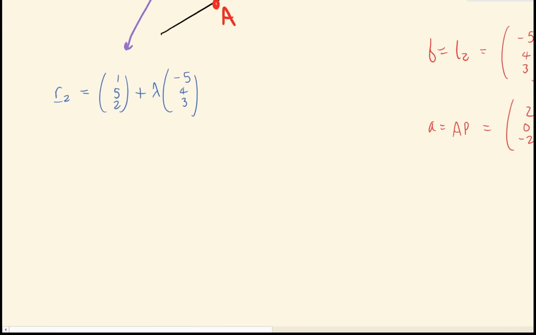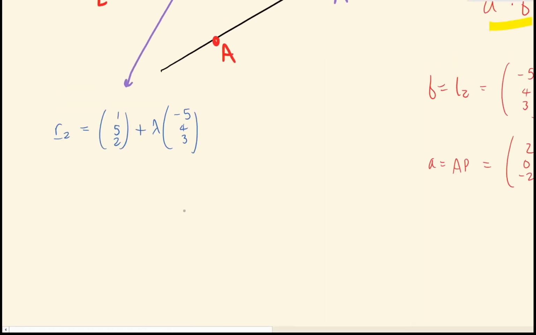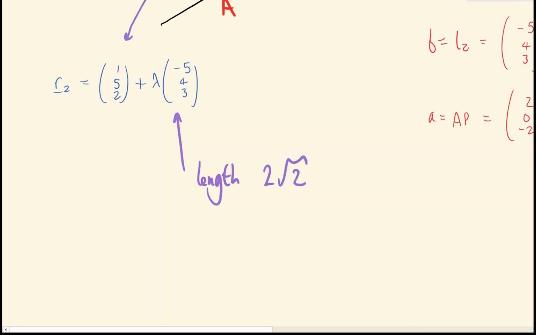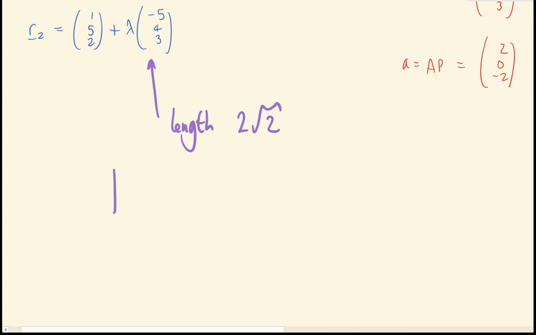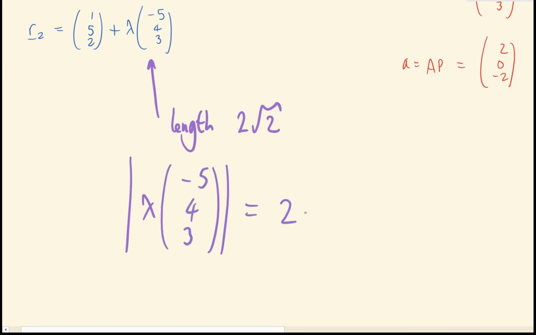The only thing we're told, the only thing we can use, is that this has a length of 2 root 2. So that means if you took the direction vector of the whole thing, and did 3D Pythagoras on it, it must equal 2 root 2.